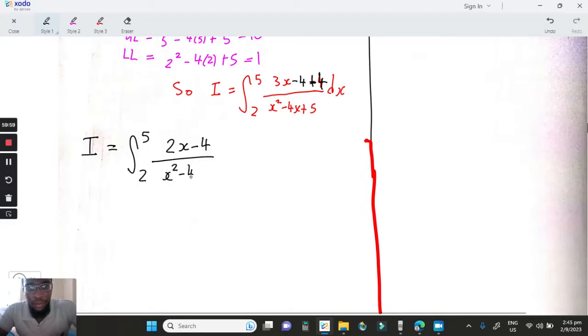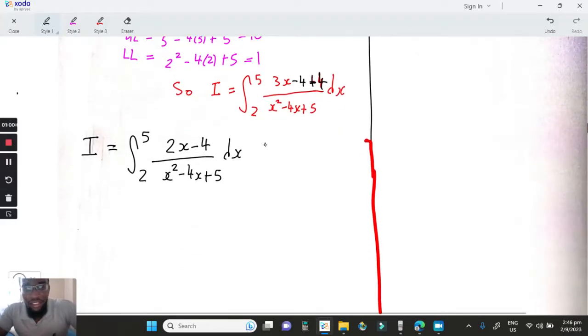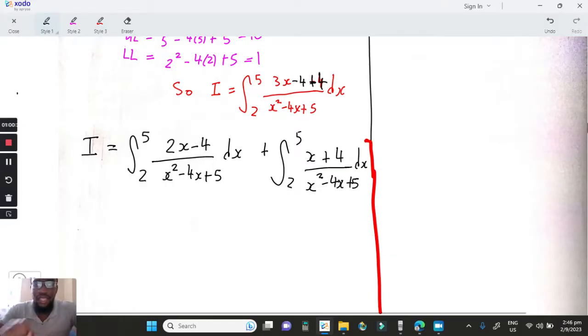And then I have plus the integral from 2 to 5 of, this was 3x and I have 2x here, so I need back an x and a plus 4 over x squared minus 4x plus 5. You'll see what I did soon enough. It's perfectly fine. From that standpoint, now I can integrate this part, because this part I can use u substitution.